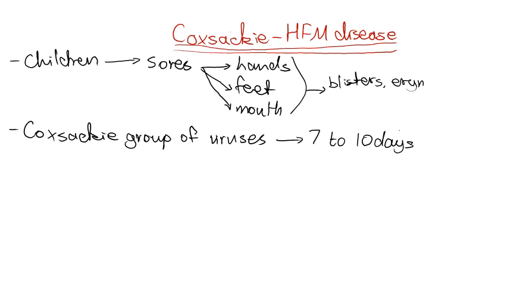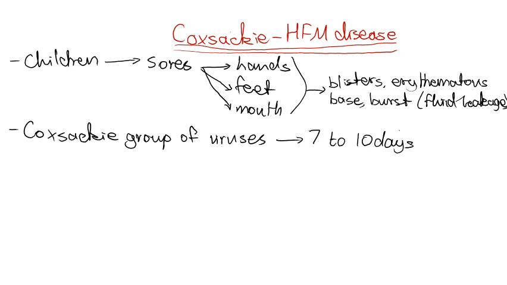So the base of the blister itself is quite red, and some can be burst, and burst blisters cause fluid to leak out of the actual rash. So I'll just write fluid leakage.